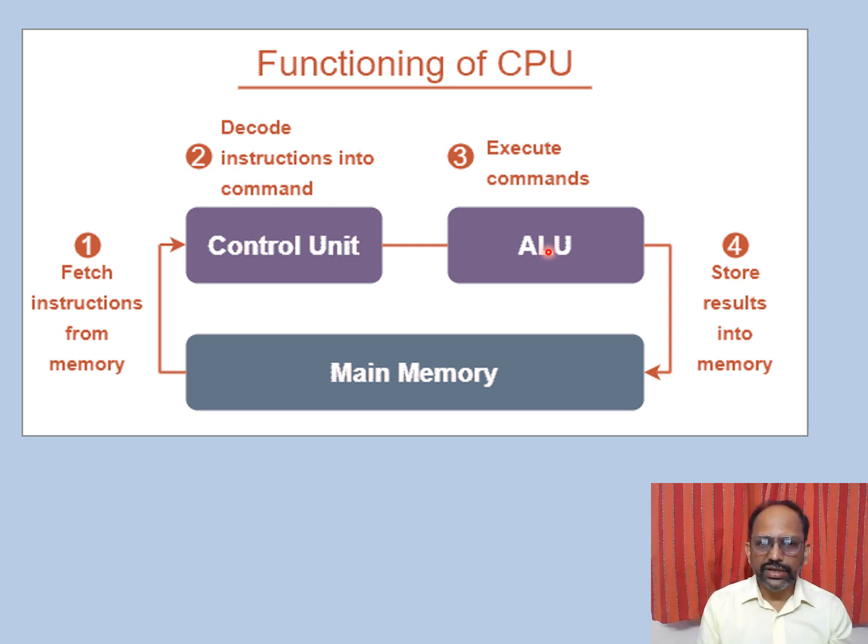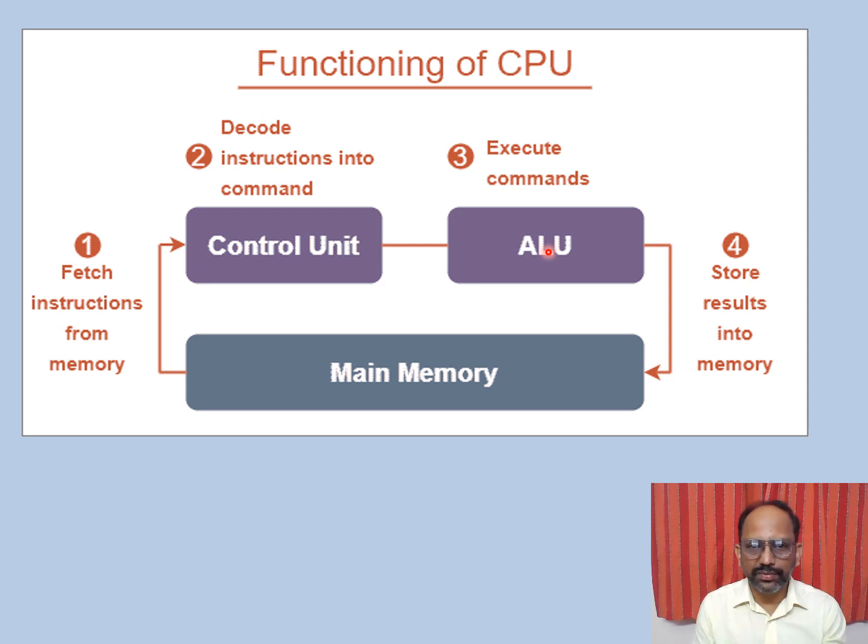The ALU unit is going to perform the addition of 6 subject marks, the sum or the total of 6 subject marks. It is going to give me the total marks. That total marks will be again sent to the main memory for storing. This is how your CPU is going to function.